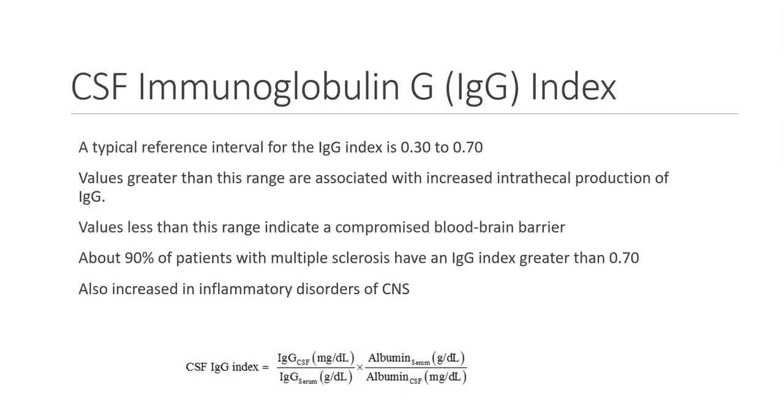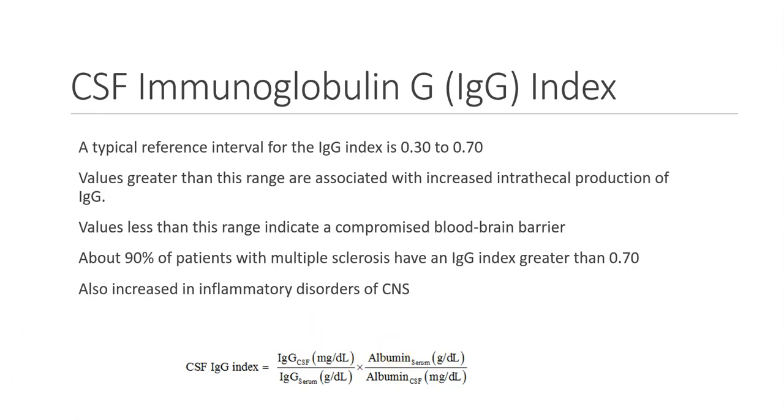A typical reference interval for the IgG index in cerebrospinal fluid is 0.30 to 0.70. Values greater than this range are associated with increased intrathecal production of IgG. Intrathecal means that it occurs within or is introduced into the space between the layers of tissue which cover the spinal cord, or the space between the layers of tissue which cover the brain.